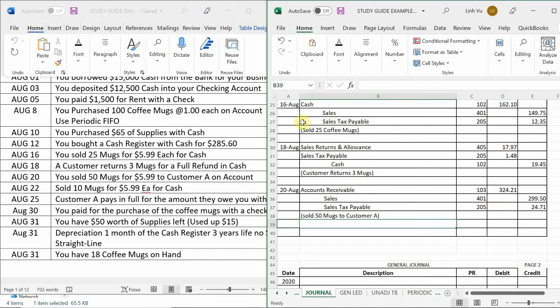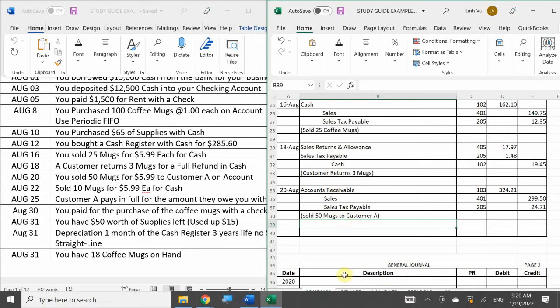Okay. So we have accounts receivable, sales, and sales tax payable for $324.21.